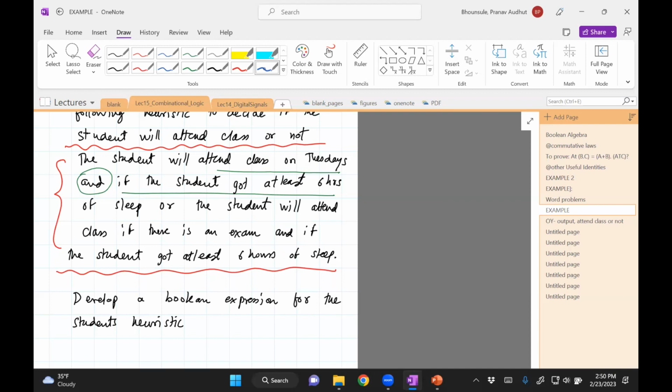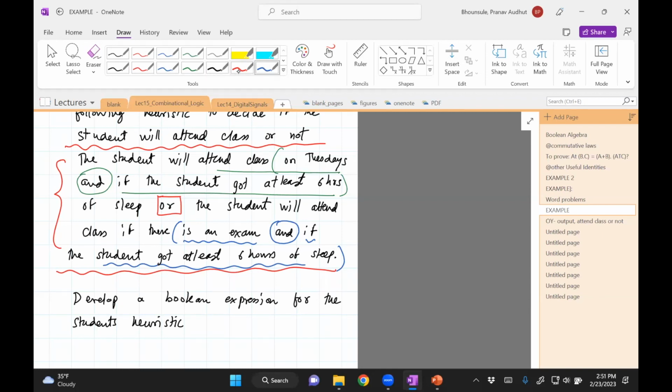Attend class if there is an exam, and if the student got at least 6 hours of sleep. So there's an and, and then you can see that there's also an or. So it looks like there are 2 conditions. This is one condition, which is put in green. And there's the other condition, which is in blue. So we just try to write that now in terms of A, B, and C.